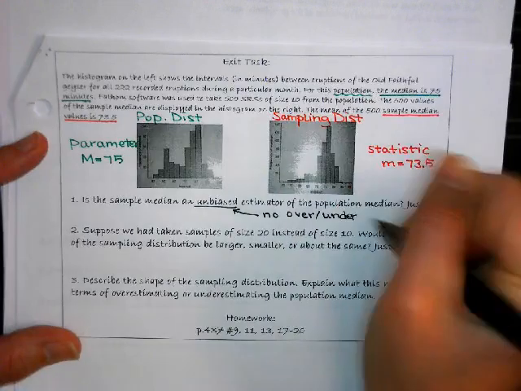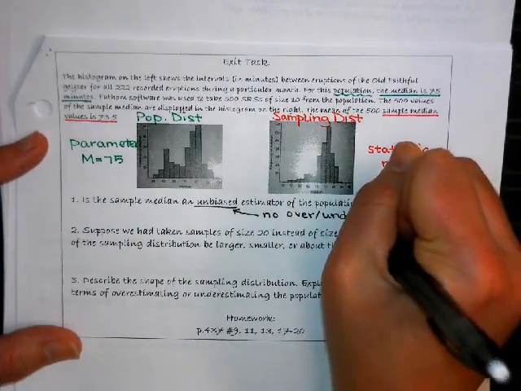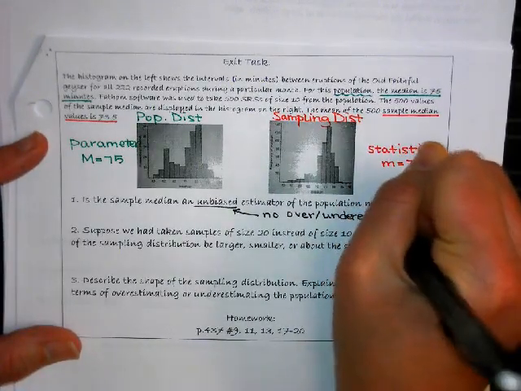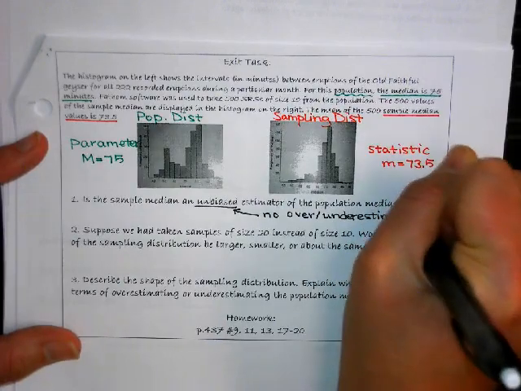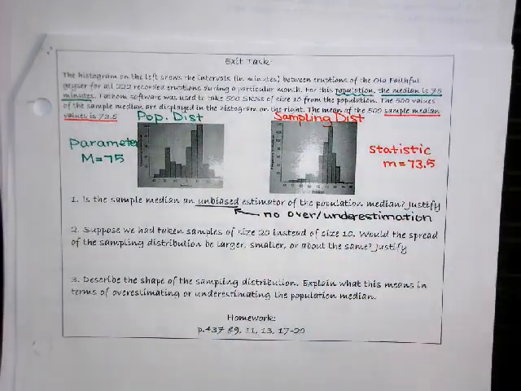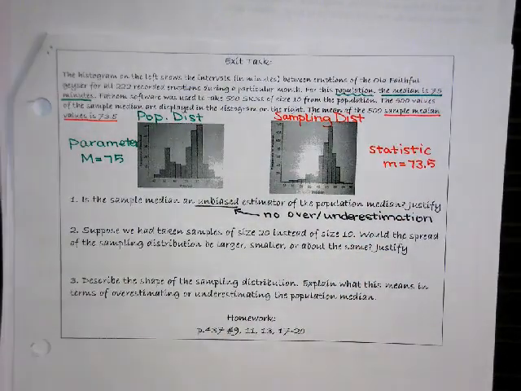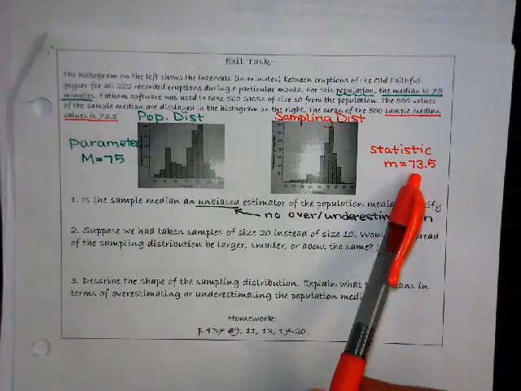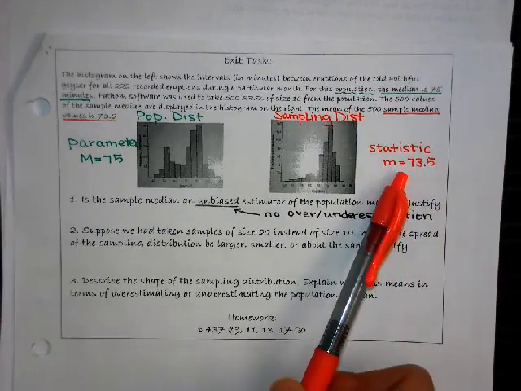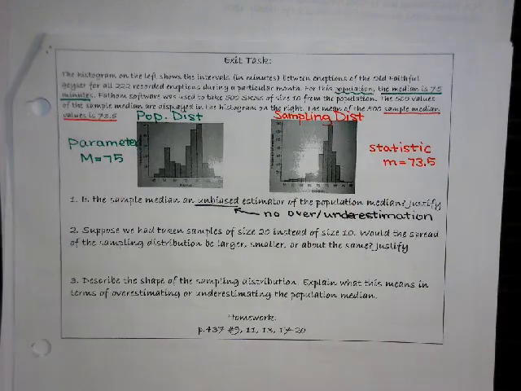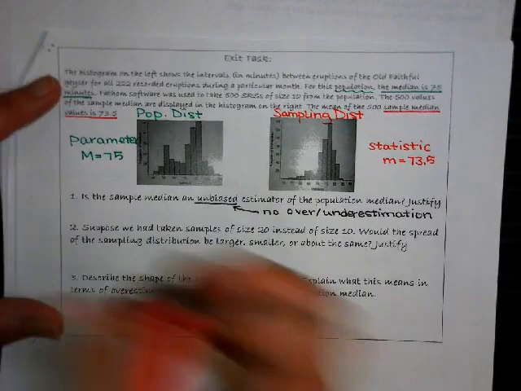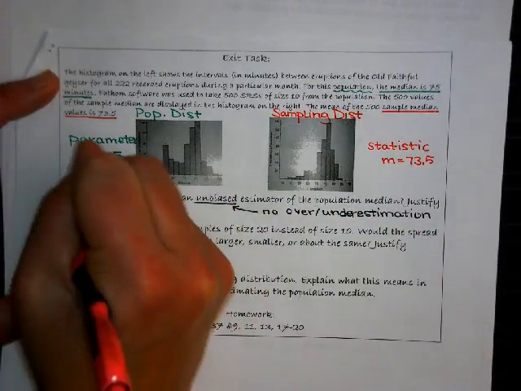Our sample median, 73.5, underestimates our parameter of 75. So our statistic, and again, you could probably word this better, is biased because it underestimated.